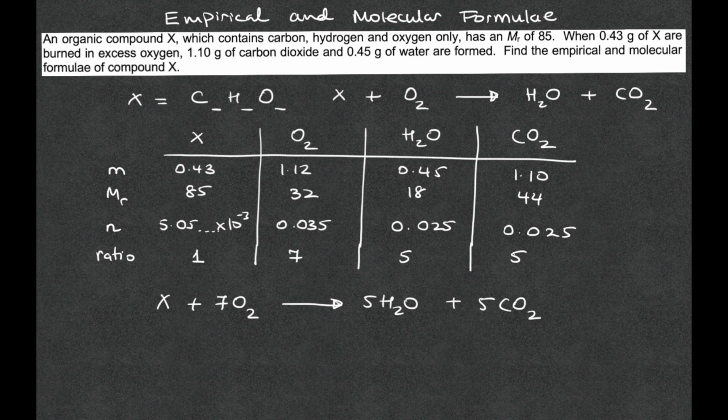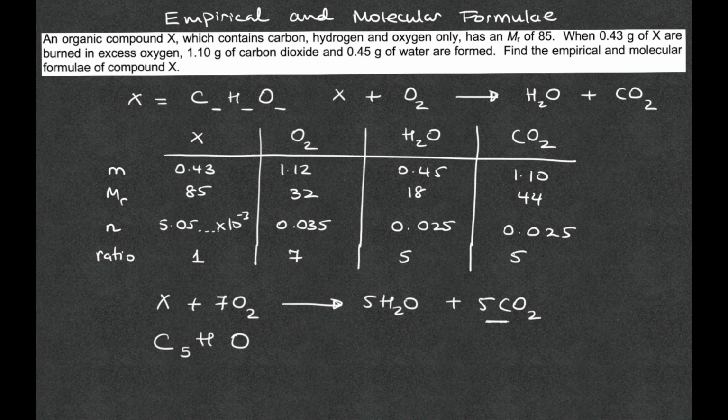So now based on this we can work out what the formula of compound X will be. So carbon, hydrogen and oxygen. Now if you look at the amount of carbon on the right hand side, we've got 5 carbons here, so that must be 5. That's the only amount of carbons there.